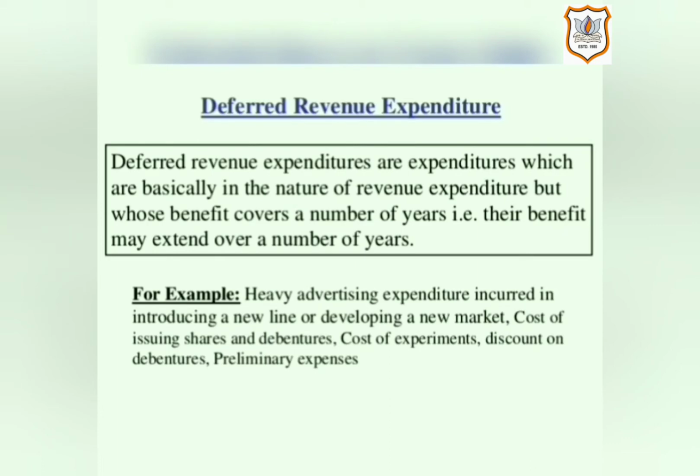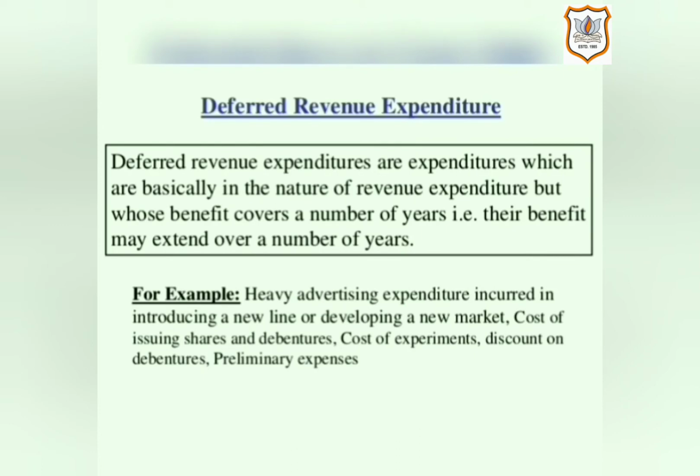The benefit of such expenditure may extend to a number of years. Hence, this expenditure is not charged entirely to the profit and loss account, but a portion of it is charged every year to the profit and loss account for the prescribed number of years.